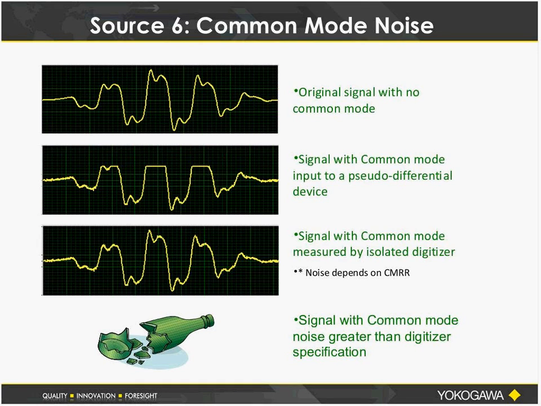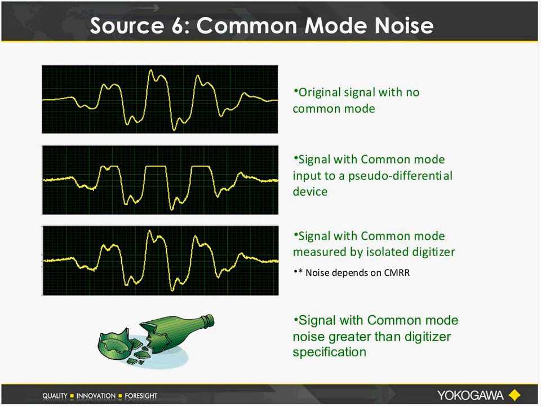If you have an isolated digitizer, or if your digitizer provides some sort of common mode rejection, then it will again look sort of like the signal in the third, but it will always convert that common mode voltage into some amount of noise, and that noise depends on the CMRR, which we'll talk about in a little bit.